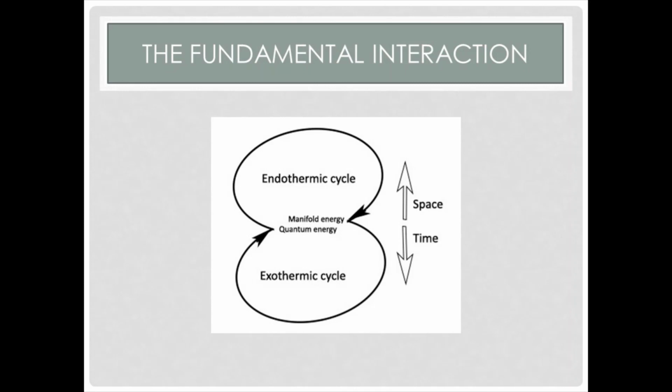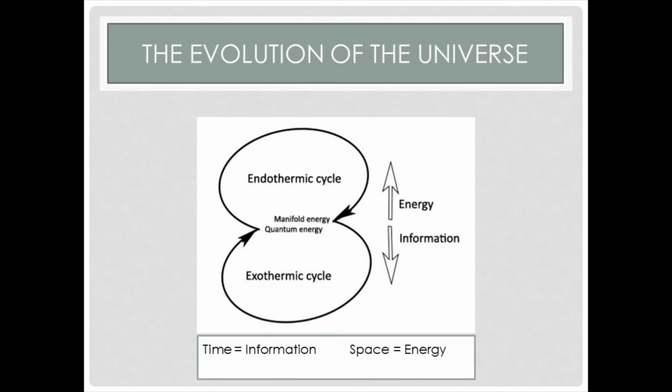However, what is surprising is that in the dimensional anisotropy of the universe, it is the endothermic cycle that makes the exothermic ones possible, because the expansion of space is what triggers interaction and all change. In conclusion, we can say that time is information and space is energy.